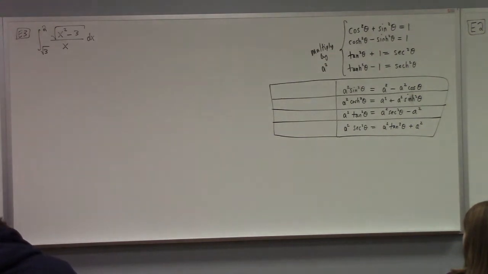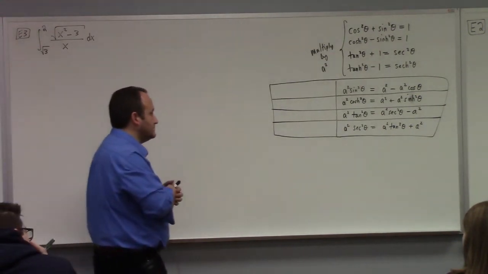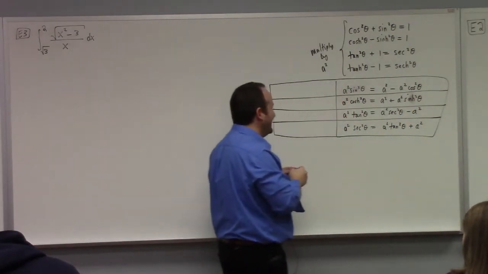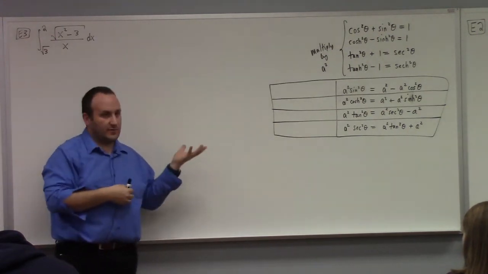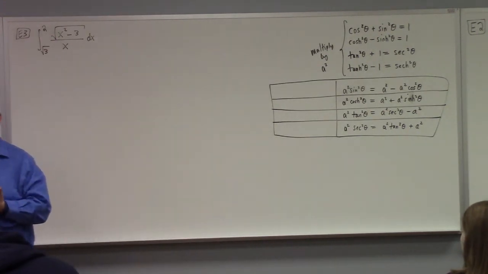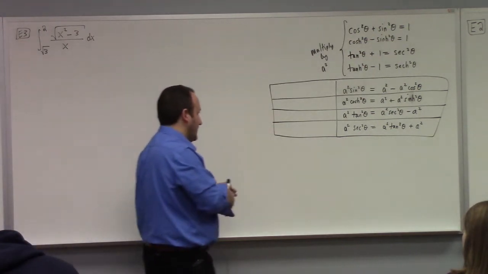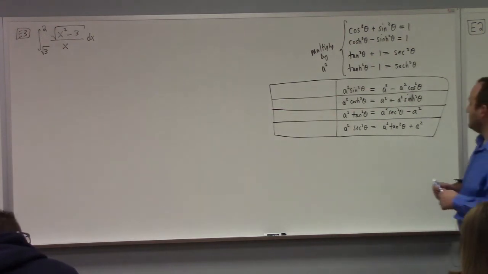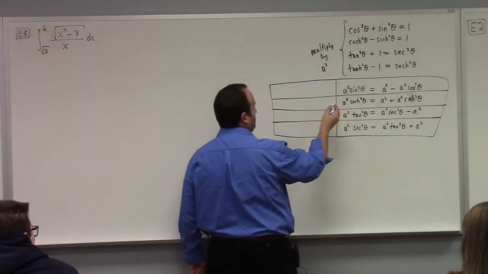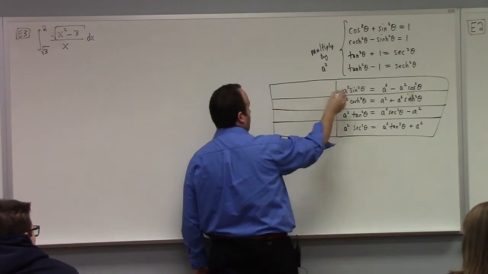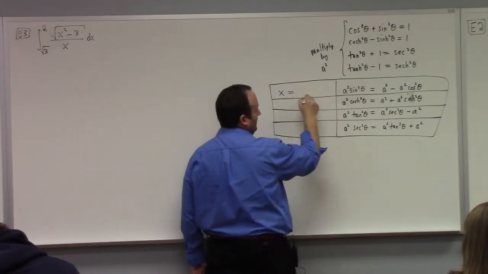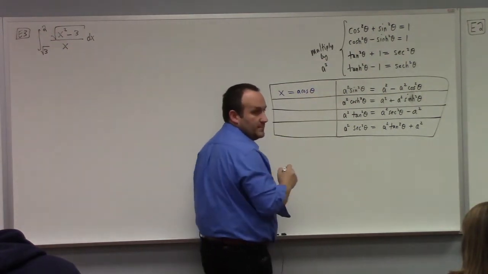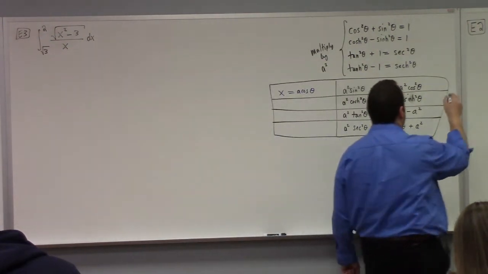So the first row corresponds to the choice of x equals what? Here I have x equal to, I would be putting x equals a cosine theta. And then this pattern would actually tell me what?